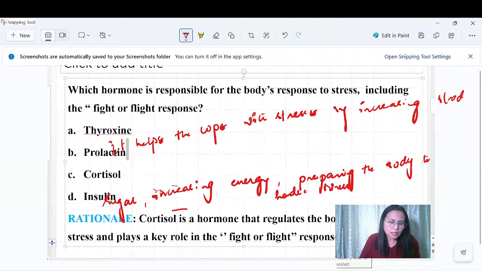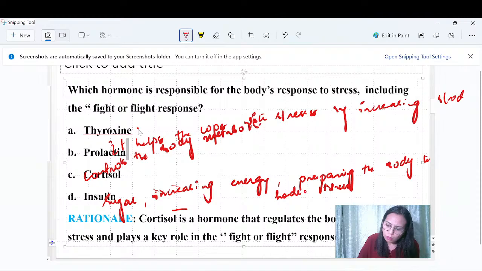So why are the others wrong? Thyroxine. Okay, so thyroxine controls the body metabolism, not the stress response.